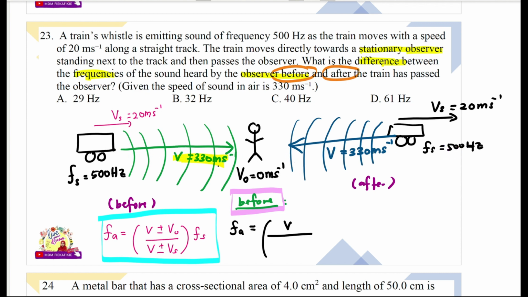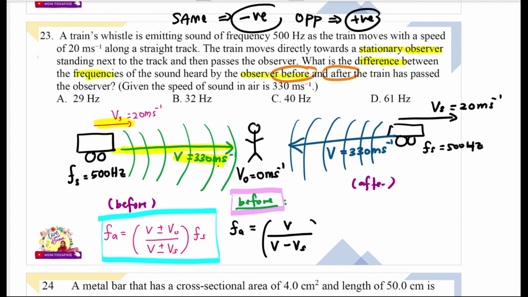Okay, so kalau you tengok dekat sini, direction mereka sama. So bila same direction dia adalah negatif, bila opposite direction dia adalah positif. Ingat. So sekarang the same direction, right? So V minus Vs. So ini untuk memudahkan awak ingat, times dengan Fs.